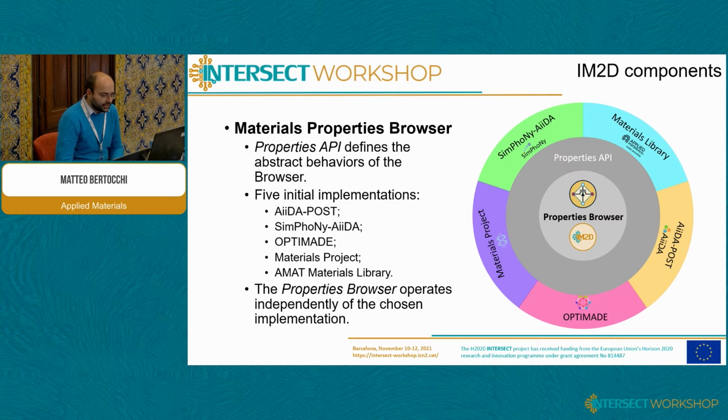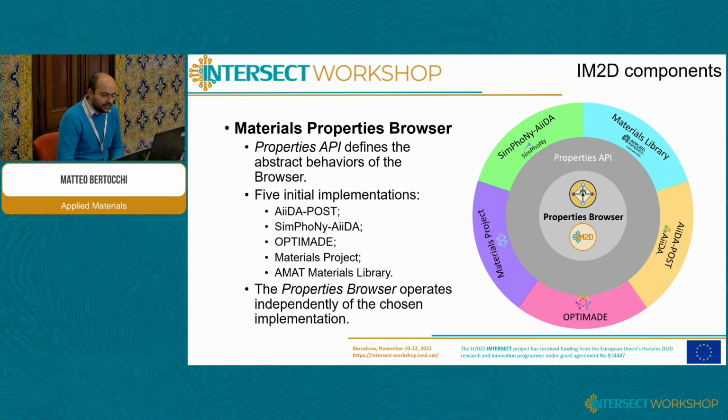So the browser is based on this API, and we have implemented different plugins, some implementations of this API, to talk with different services and providers. An example is AIDA or Symfony, our internal material library of Genestra, then Optimade and, as a test case, Materials Project.